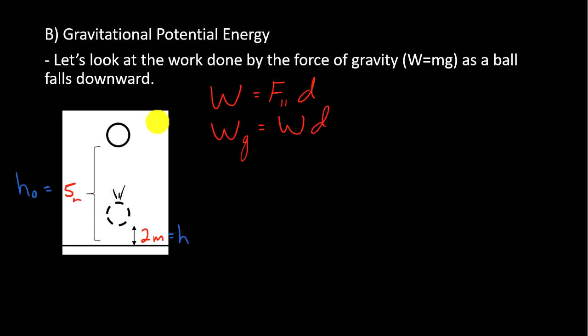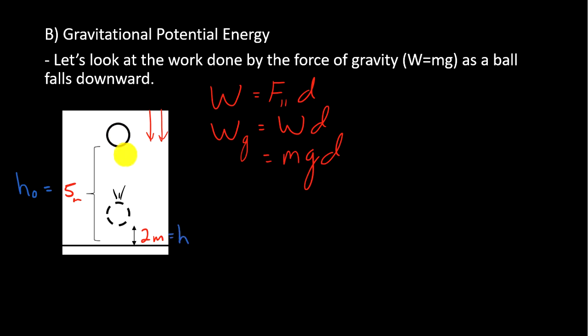Times d. Now, of course, we know that weight acts straight down and the ball's falling straight down, so we don't need any sines or cosines. That's going to equal m times g multiplied by d, the distance the ball falls. In this case, the ball is falling 3 meters, but I want to make a general equation. The ball starts at h0 and it falls to a spot h.